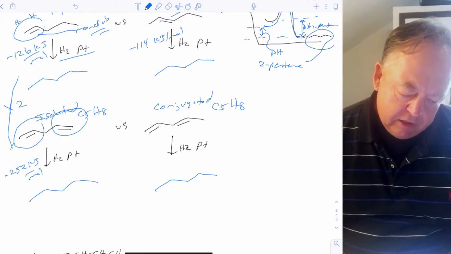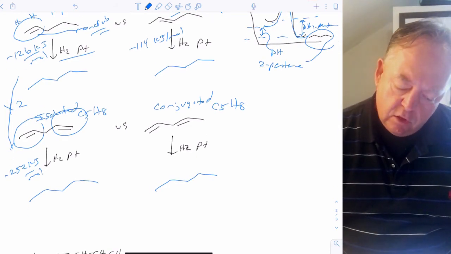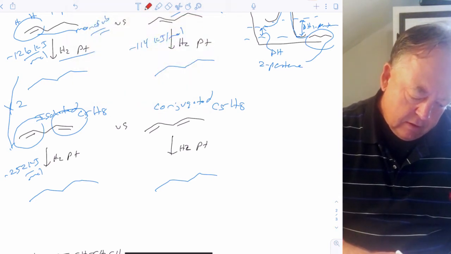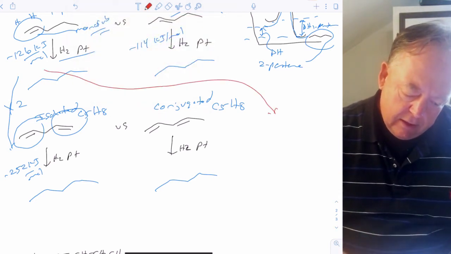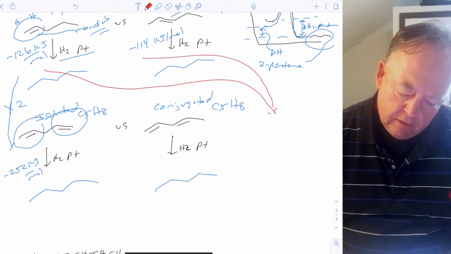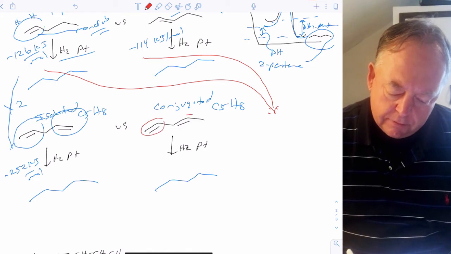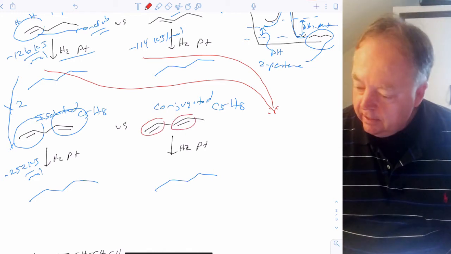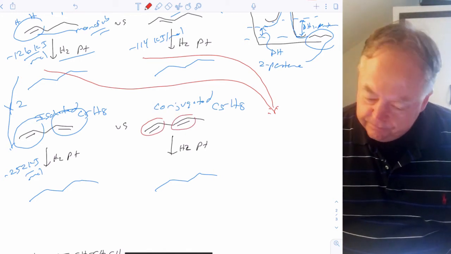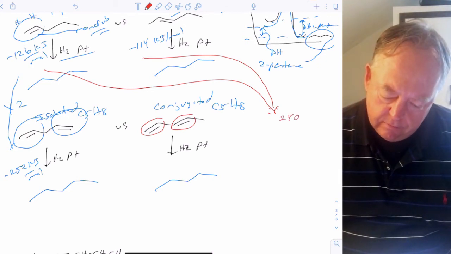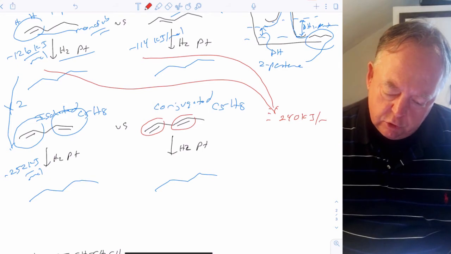So then what you might expect for the conjugated diene, if we took the 126 and we took the 114, since we have a monosubstituted and a disubstituted double bond, and if you added those two together, that would be 240 kilojoules per mole, which might be what you expect.